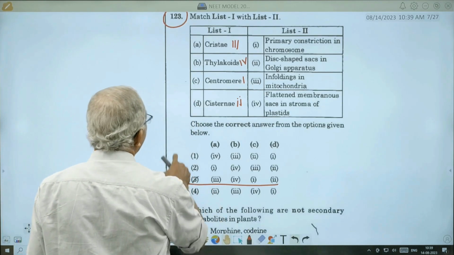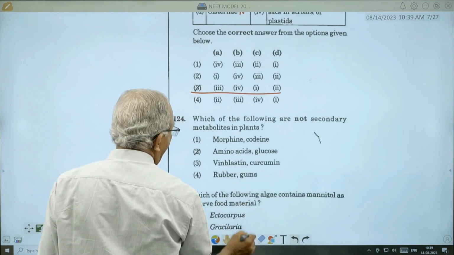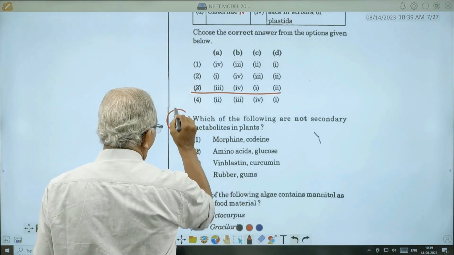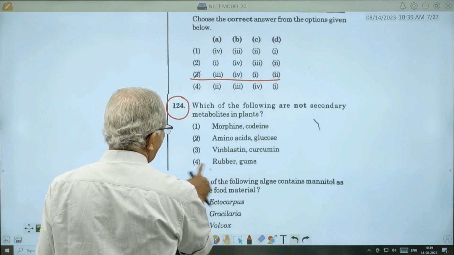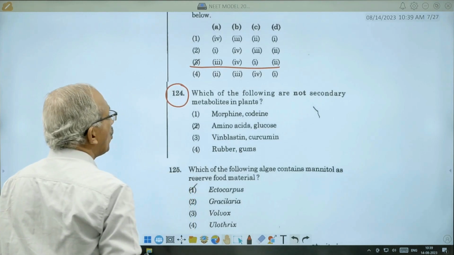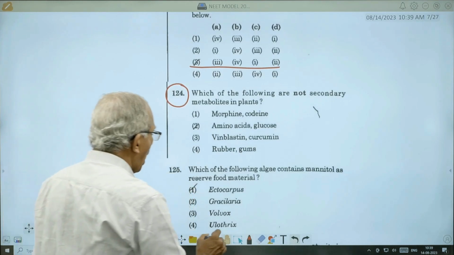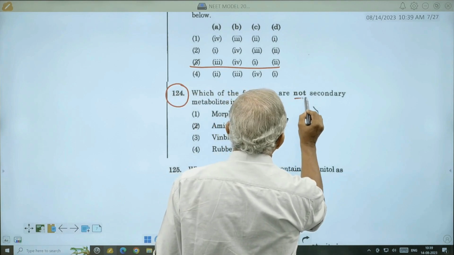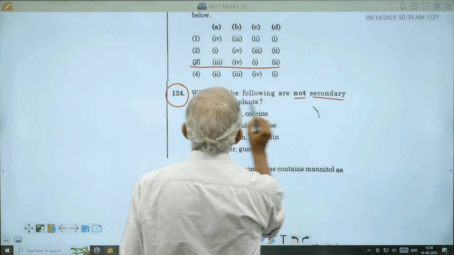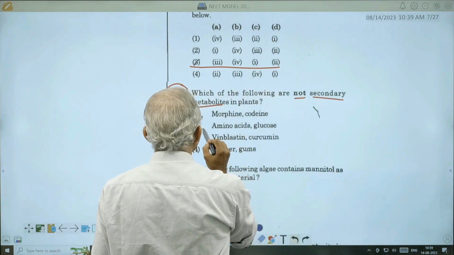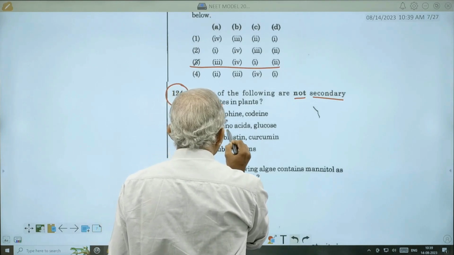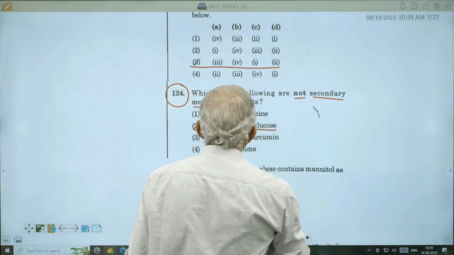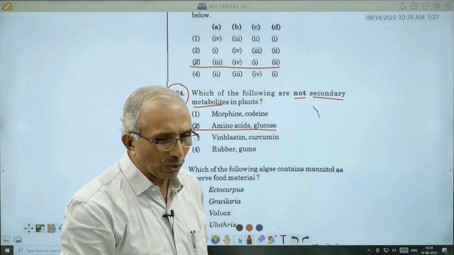Then next question, 124. Which of the following are not secondary metabolites? The answer is amino acids and glucose.